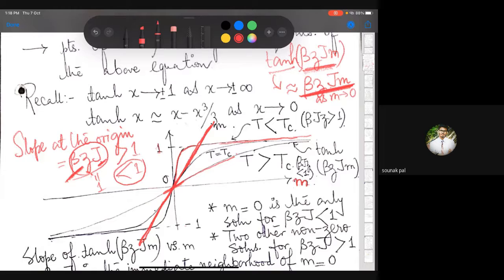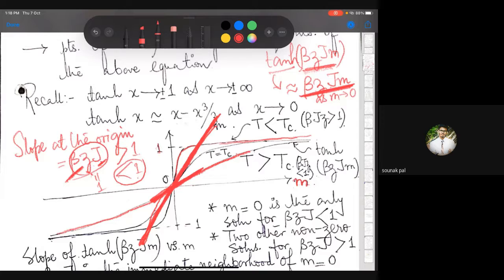This curve has slope equal to 1, m is equal to m, y is equal to x. So if beta Jz has a value smaller than 1, the curve is going to be this one, because this curve will have a slope smaller than 1.